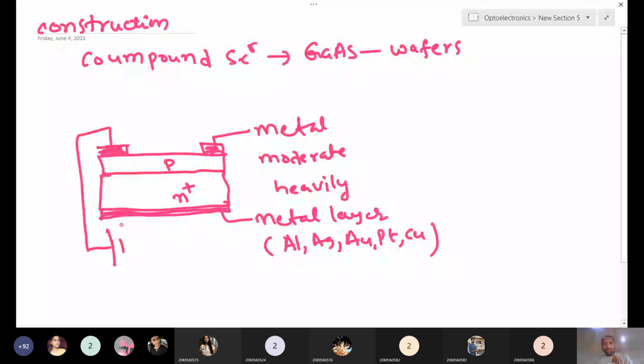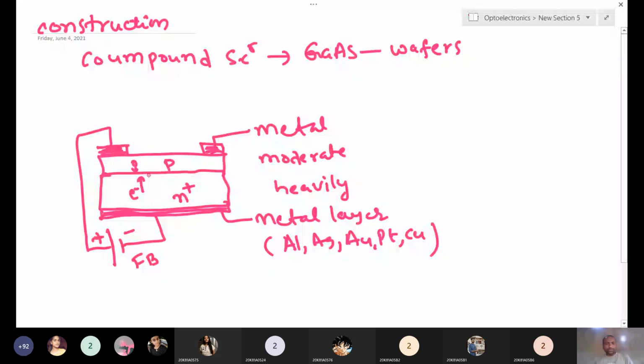Under forward bias condition, in p-type the holes will come towards the interface, and in n-type semiconductor the electrons come towards the interface. At the interface, the electron and hole recombine and emit photons.